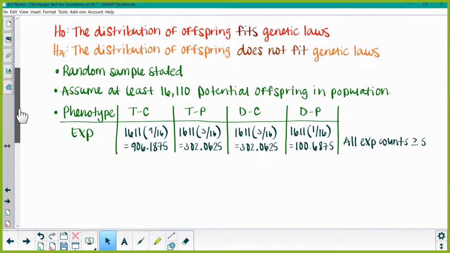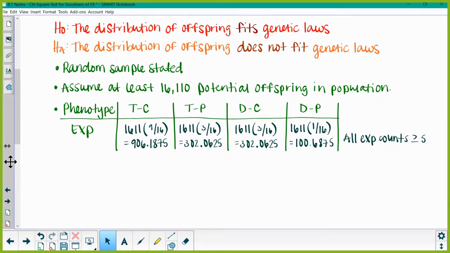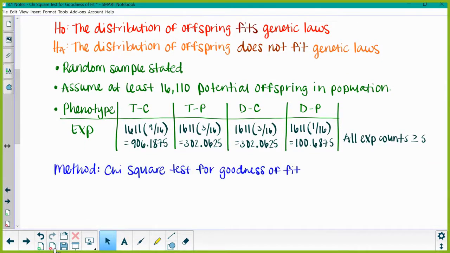Once we have finished with our expected counts, we do name the test. You can say chi-square test for GOF. And we are going to jump to the calculator and enter in our data.